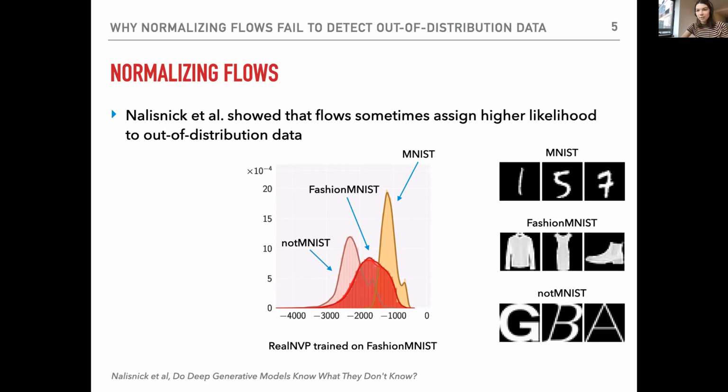This is quite surprising at first, since the MNIST images are semantically very different from FashionMNIST. MNIST consists of handwritten digits and FashionMNIST of images of clothing. But in fact, most structured images would be assigned quite high likelihood by this model, regardless of their semantic content.